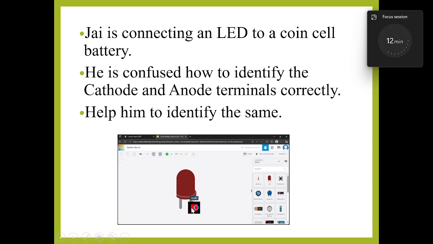So if you just place the cursor onto the terminal, it will show you which terminal is anode and which terminal is cathode. And basically, cathode is negative, anode is positive.